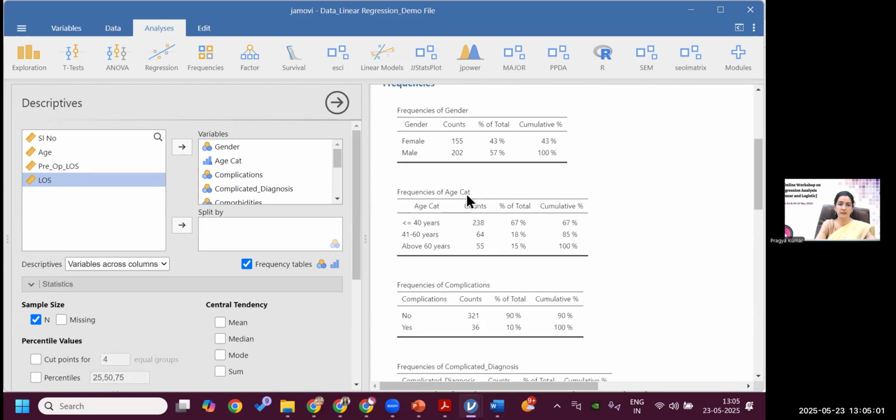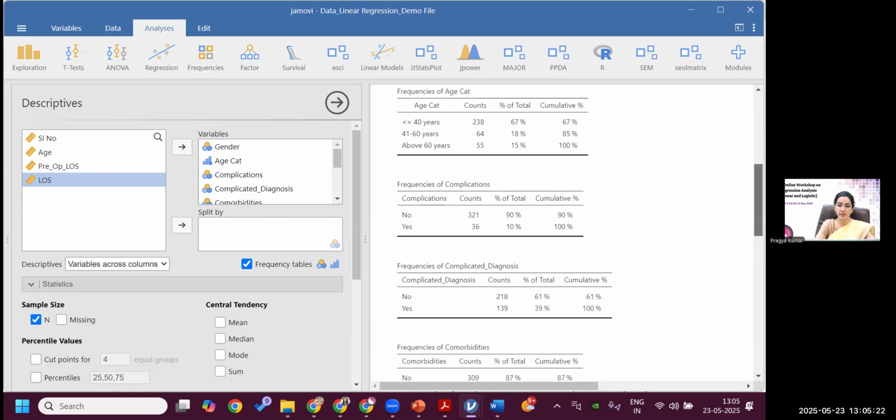So for male and female, there are 200 male and 155 female. If you see the age, 238 people are less than 40, 64 are between 41 to 60, and above 60, 55 people are there. If you see the percentages, they are 67%, 18% and 15%.